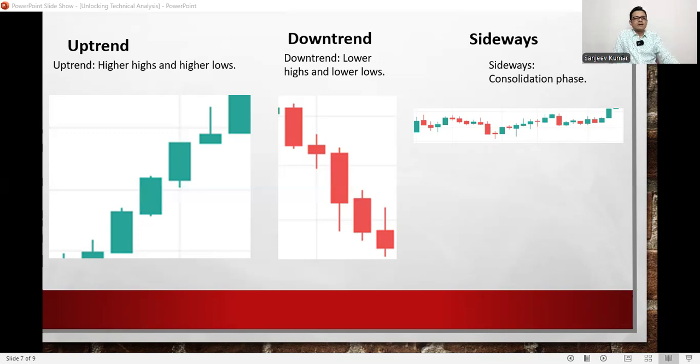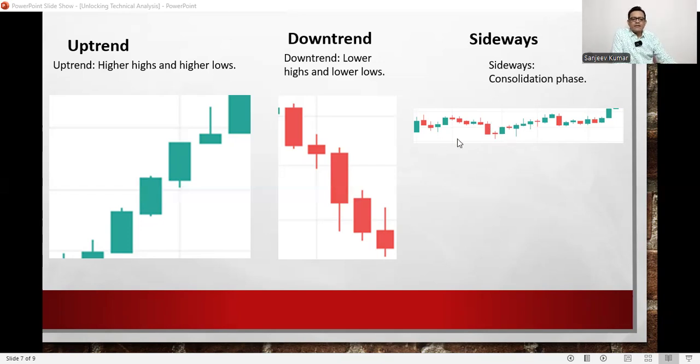And the third case is sideways. When the share price is range bound, it is not going upside and it is not going downside. It is in a range, just going up, again down, up, again down. So this is called sideways. We also avoid sideways because we don't know how long it will last.